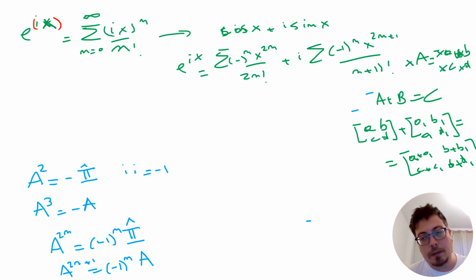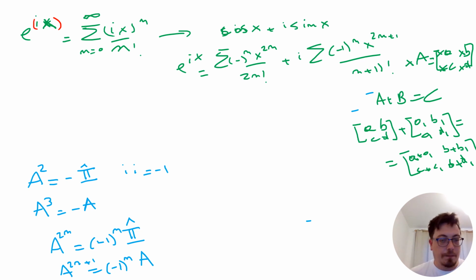It's a matrix, so there is no plus there. And this is the standard way to multiply a matrix by a number: you multiply each component by the number.